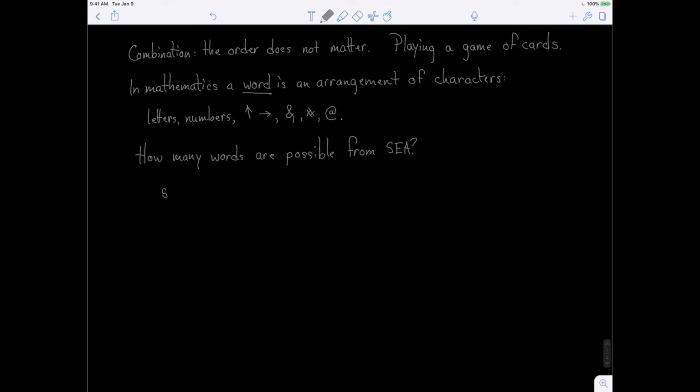For example, I could write C, that's one, S-E-A. Then maybe I could change the E and the A, so it'd be S-A-E. And then maybe we could start with the E. So I start with the E, then I could write S-A, and I could write A-S. Or I could start with the A, and I could write S-E or A-E-S. And I think that's it, and it looks like we have 6 different words.